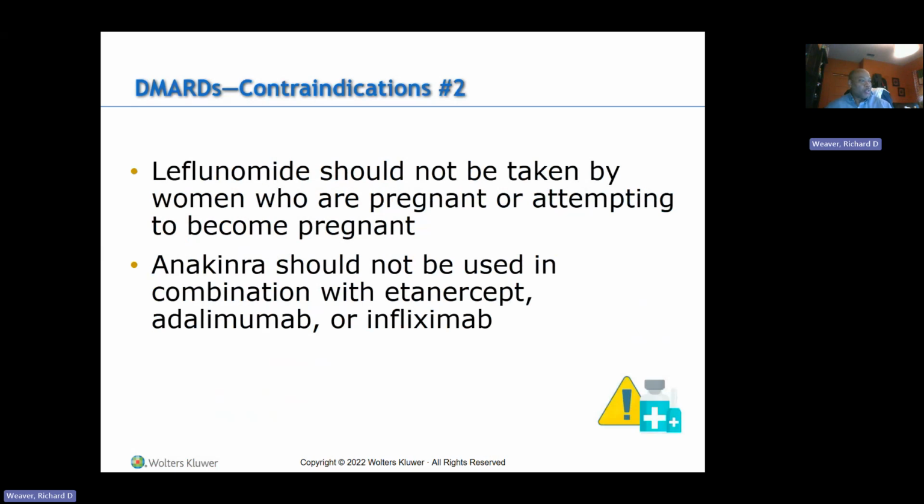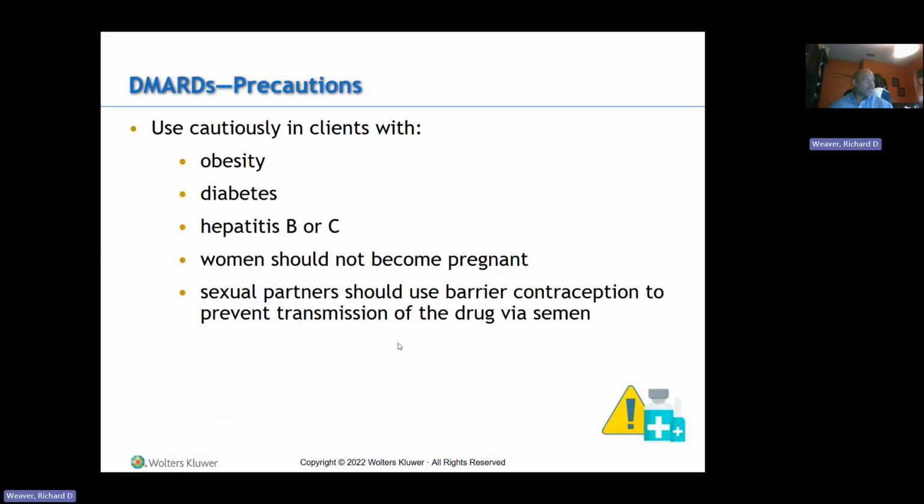I already talked about this one, so I'll go to the next slide. As far as precautions, this drug should be used with caution in those with obesity, diabetes, and hepatitis B or C. Women should not become pregnant while they are on this drug. Also, sexual partners should use barrier contraception to prevent transmission of the drug via semen.